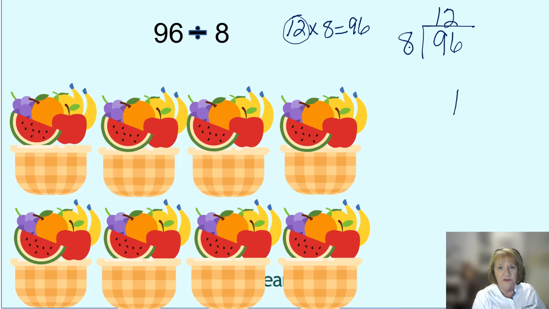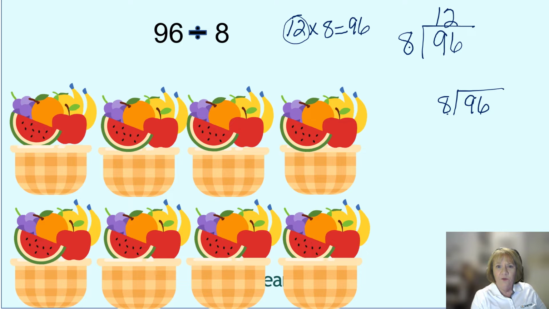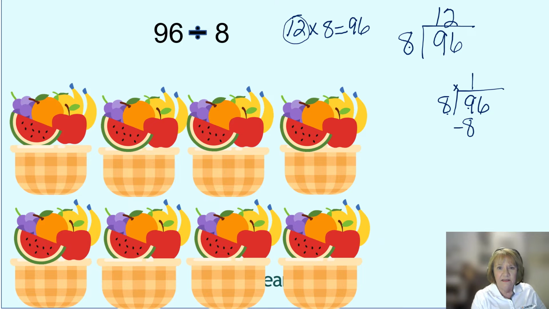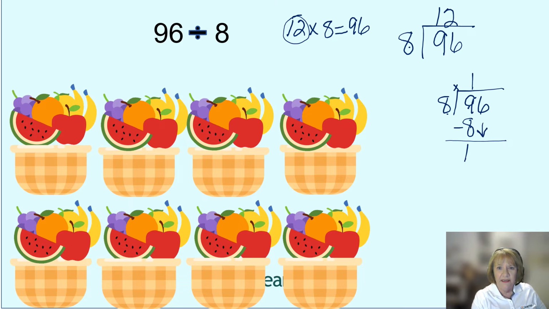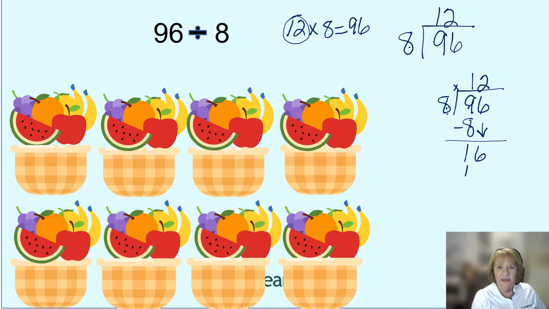I can also do some quick long division, and 8 will go into 9 one time, and 1 times 8 is 8. Subtract, 9 minus 8 is 1. Bring down my 6. 8 will go into 16 2 times, and 2 times 8 is 16 with no remainder.